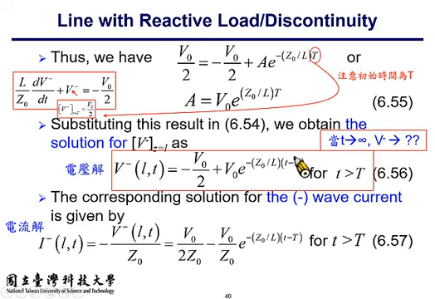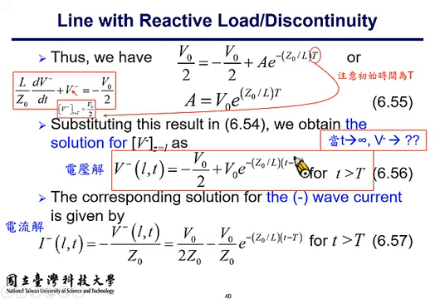When t is much greater than capital T, this term approaches 0. Then V sub 0 times 0 equals 0.